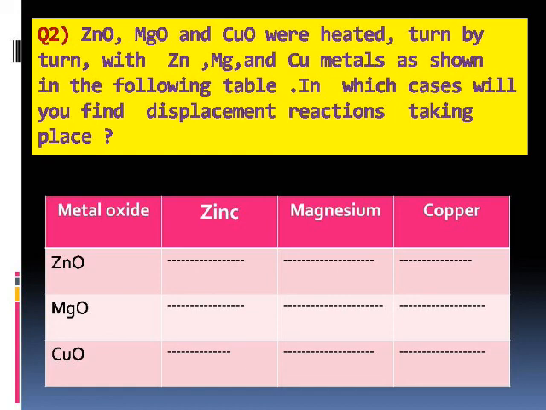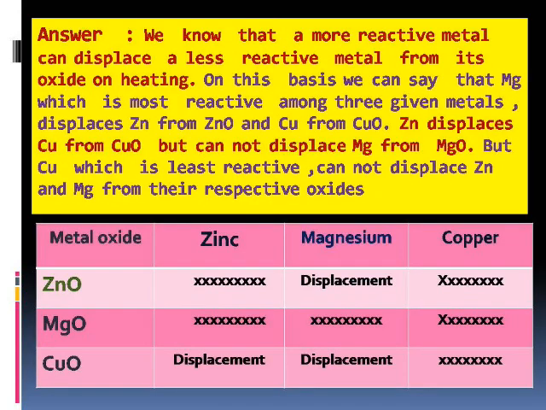You know that a more reactive metal can displace a less reactive metal from its oxide. In this case, magnesium is most reactive, zinc is less reactive, whereas copper is the least reactive metal.